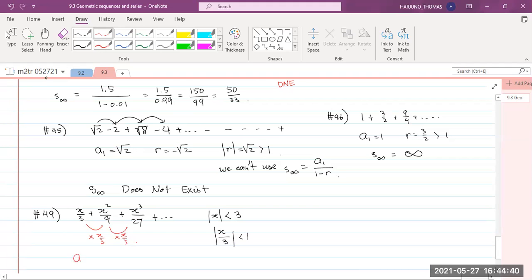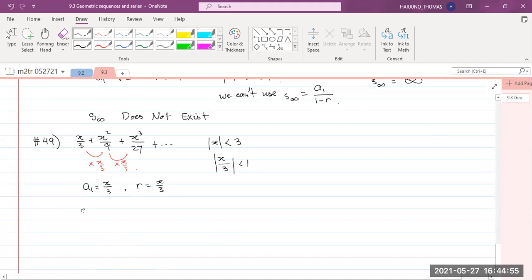The first term is x over 3. The common ratio is also x over 3. So the infinite sum, because the ratio is less than 1, we can do the infinite sum: the first term over 1 minus the common ratio. Multiply the top and the bottom by 3, we will get x over 3 minus x.